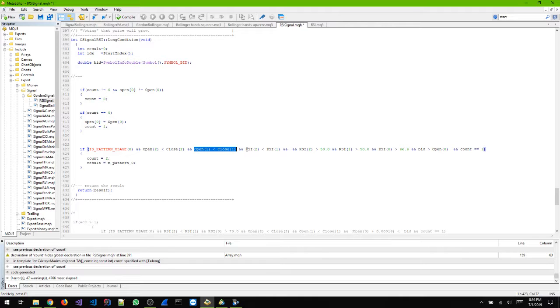And then this is the RSI value for this candlestick, and the same thing for this other candlestick, and it makes sure that the RSI value for this one is above this one, indicating a rising trend.